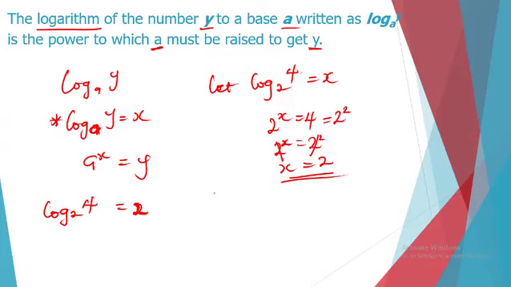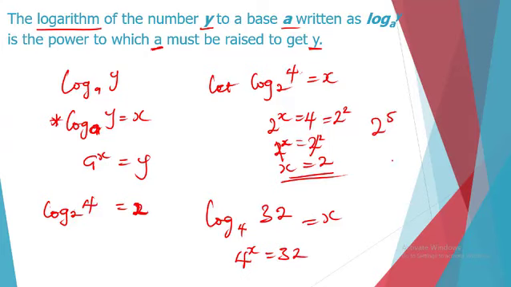Now when we have, let's say, log 32 base 4, how do we ascertain the power of 4 that will give us 32? Let's call it x. Therefore it means that 4 raised to power x is equal to 32. And 32 is the same as 2 raised to power 5. 4 is equal to 2 raised to power what? 2.